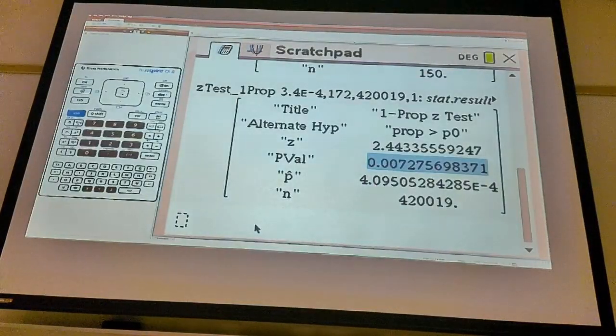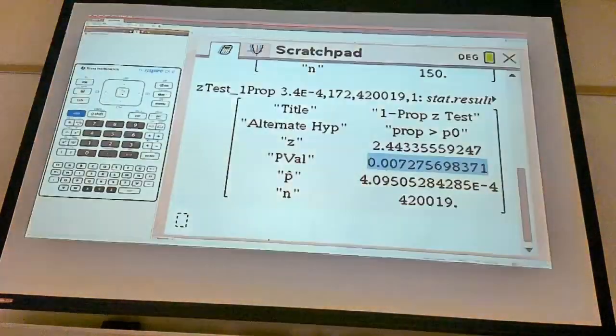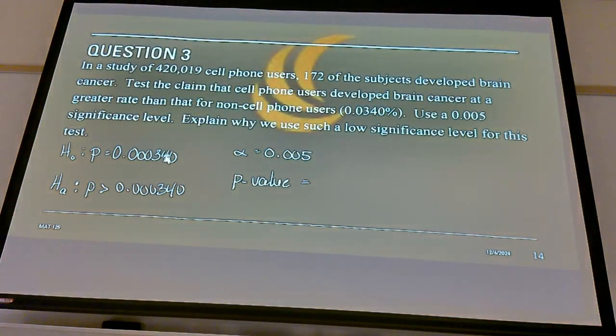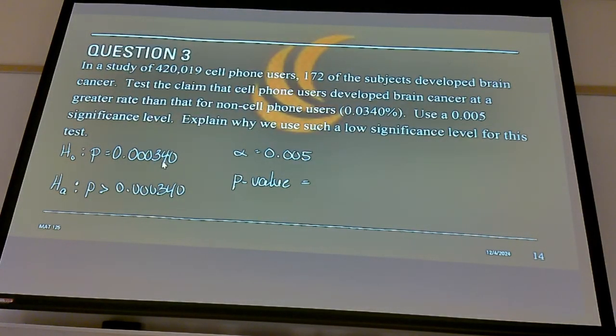In this case, I'm going to do something different than I usually do with the p-value. I'm not going to use 4 decimal places. I'm going to use 3 sig figs, because our proportion gives us 3 sig figs.